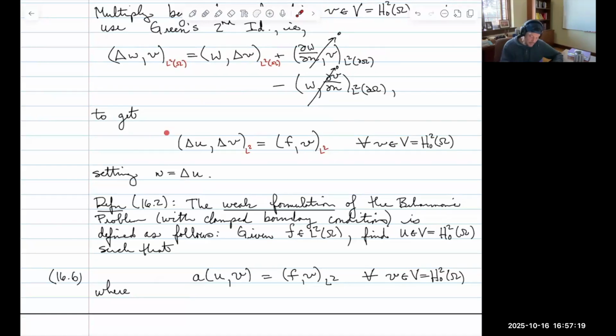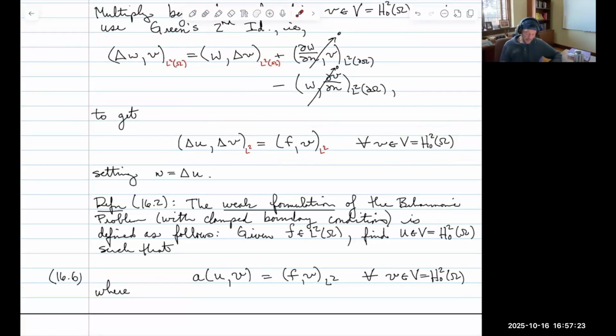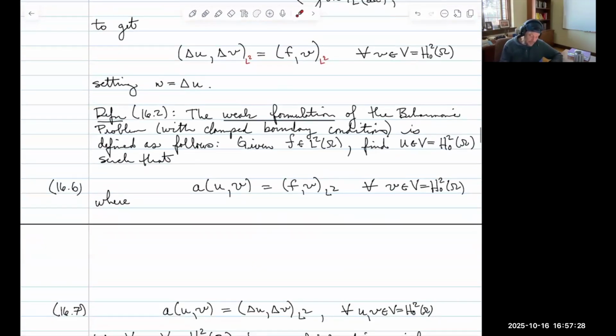Okay, so this is what we're going to use as our weak formulation for the biharmonic problem with clamped boundary conditions. So that's my next definition.